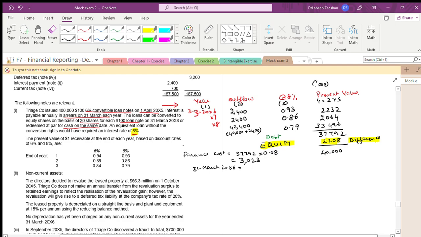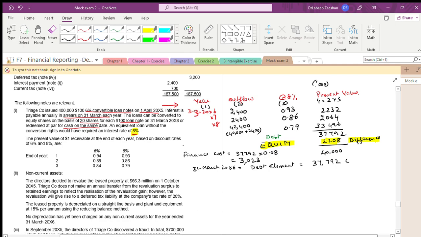The debt element is 37,792. Put it as A. How much is the finance cost?